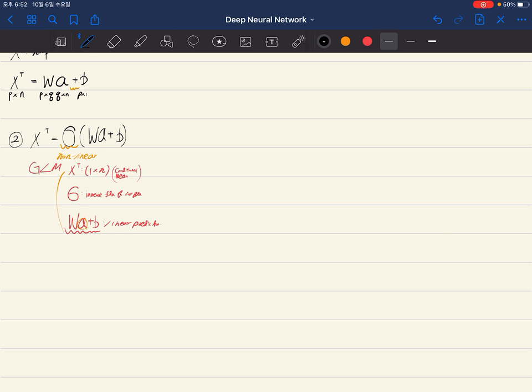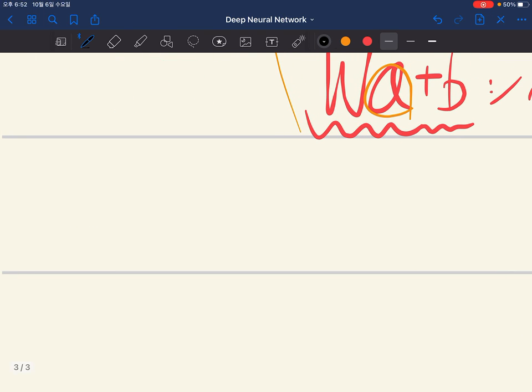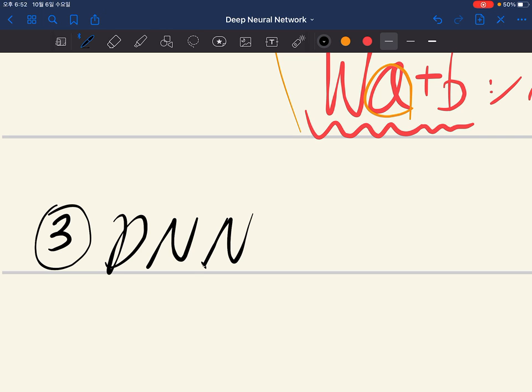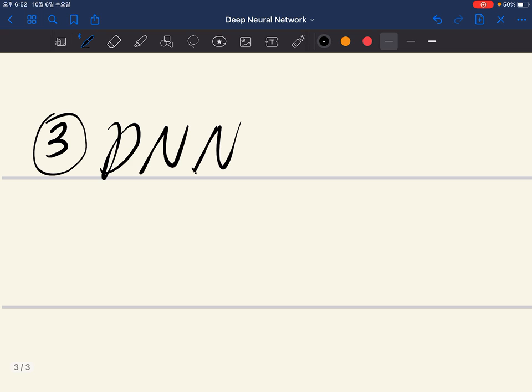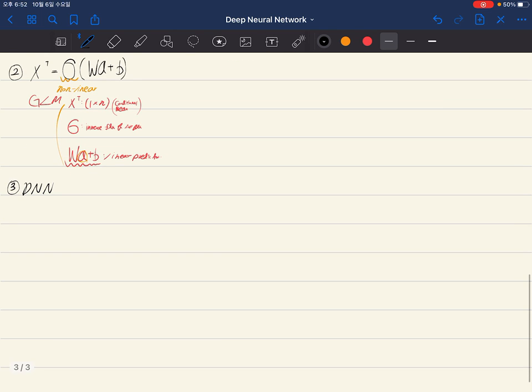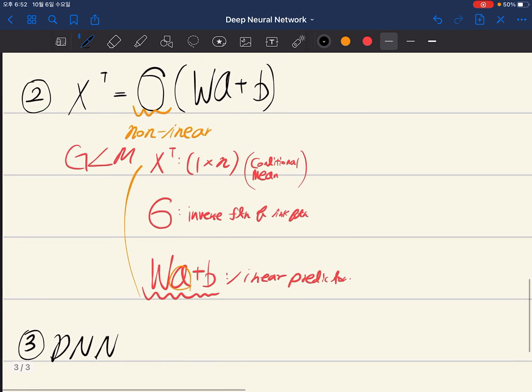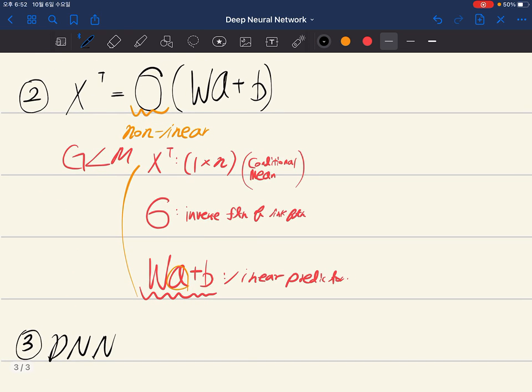And let's think of the final one. The final one is the deep neural network structure. It is nothing but a sequence of multiple nonlinear factor models as described in this second case.